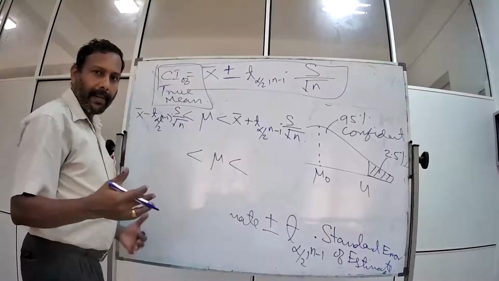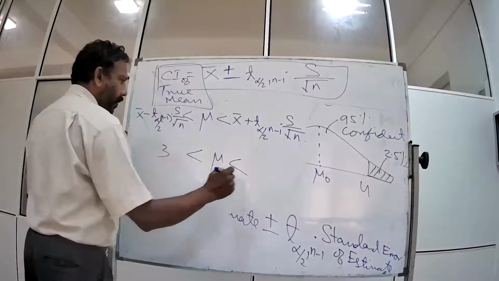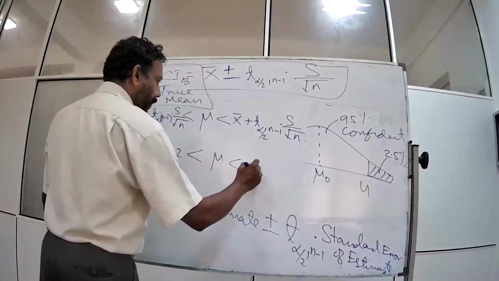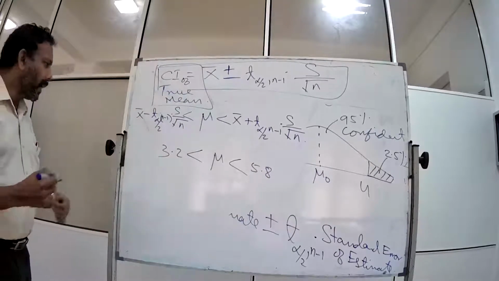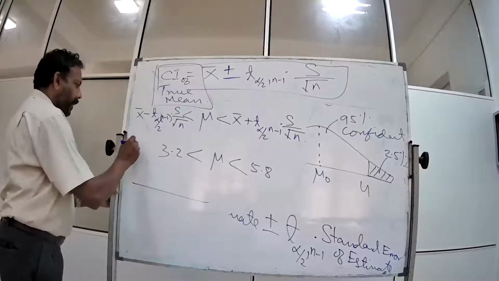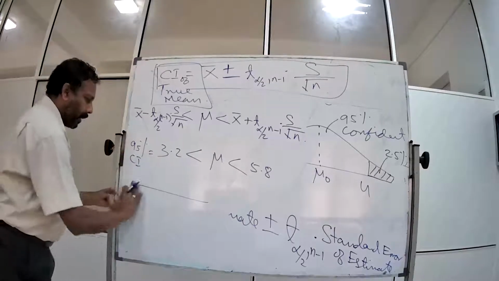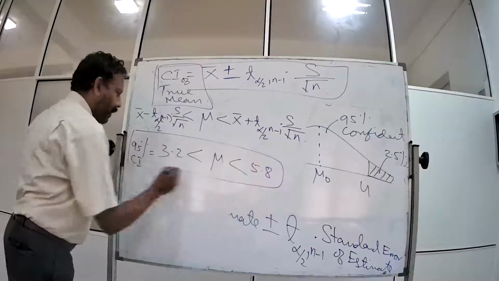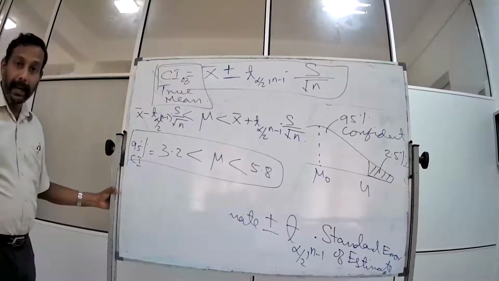Let's say our paddy production in Sri Lanka. Let's say this is a 95% confidence interval. The value is, as an example, between 3.2 to 5.8 metric ton per hectare.